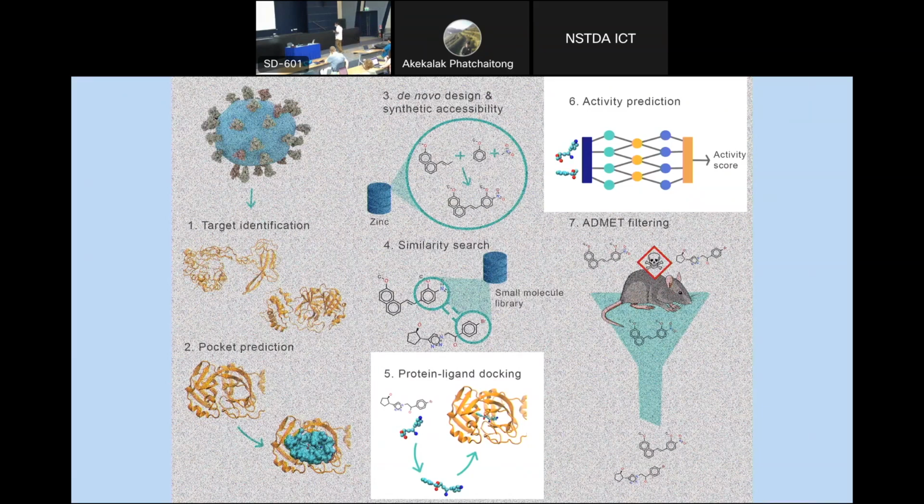So that's where our next part comes in, which is trying to develop what we call an activity prediction, because a lot of the experimental data is easier to get. Activity data, like IC50 and EC50, tells you what concentration of the small molecule you have to put in before the cells become inactive or something like that.